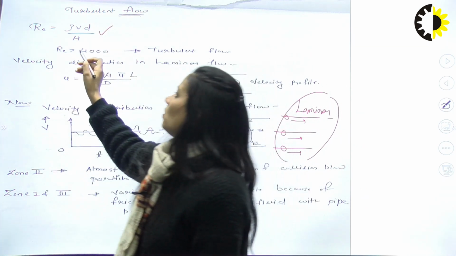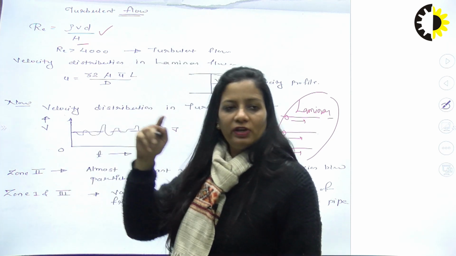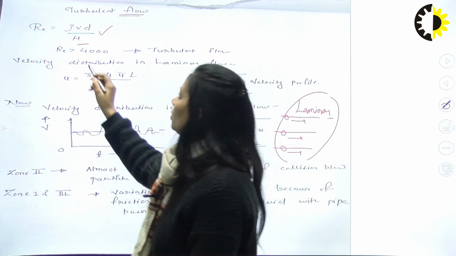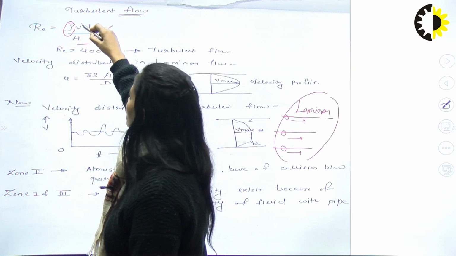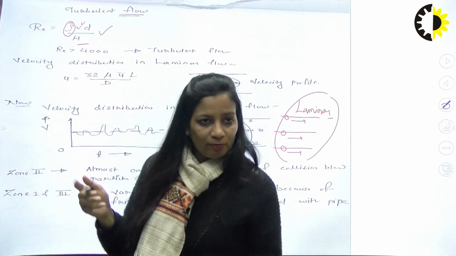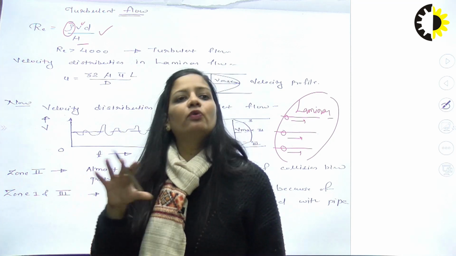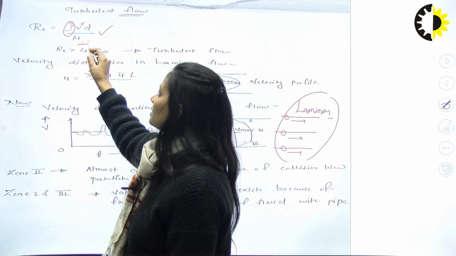So what is the Reynolds number? It is rho V d by mu. Here rho is the mass density, V is the velocity, d is the diameter of the pipe in which the fluid is flowing, and mu is the viscosity.